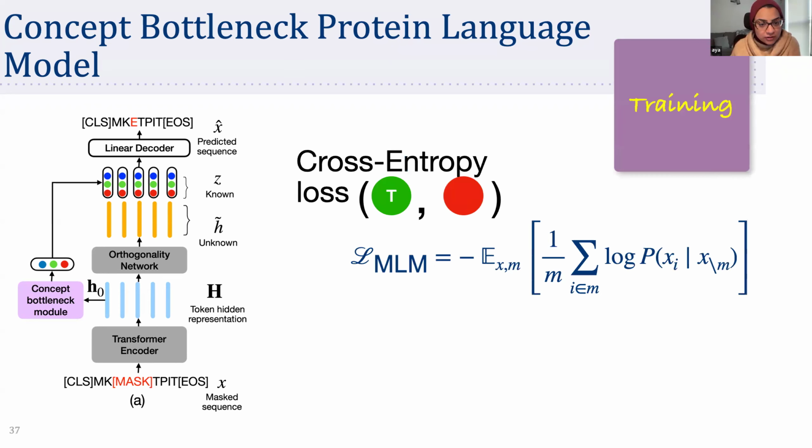So how do we train this model? First, we have the regular cross entropy loss for the mask token, a loss that makes sure that we predict the mask to be the token E. This is regularly what you would do for masked language modeling.